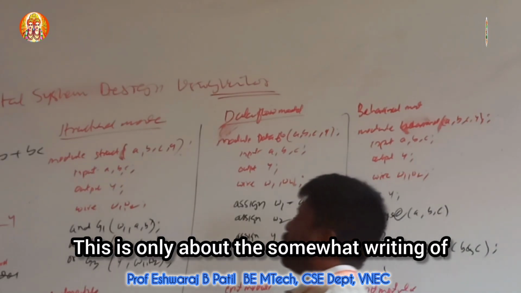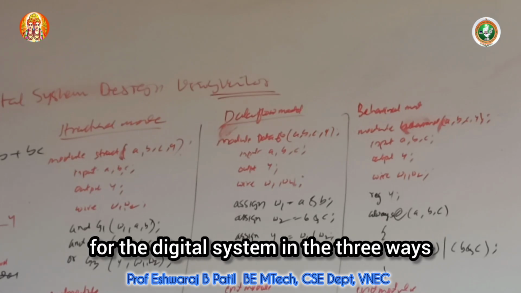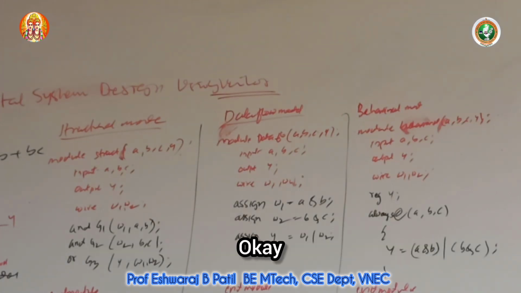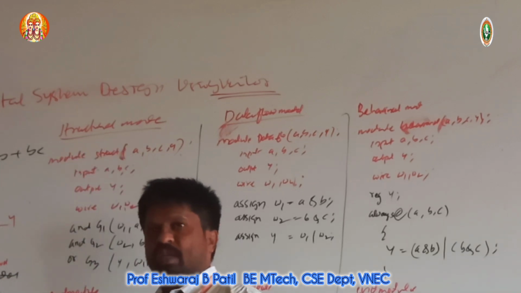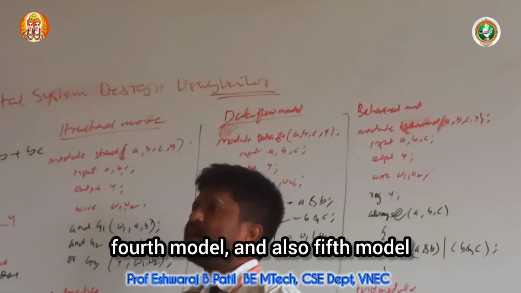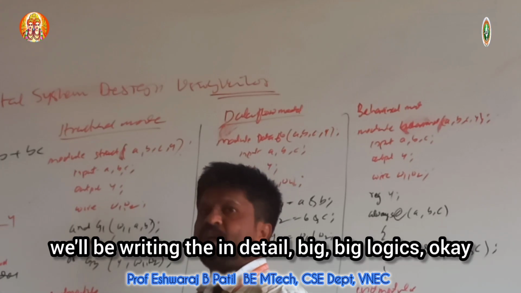This is about writing the program for a digital system in three ways. Using this basic, we will build the third, fourth, and fifth models. If you know the basics, we will be writing big logics in detail.